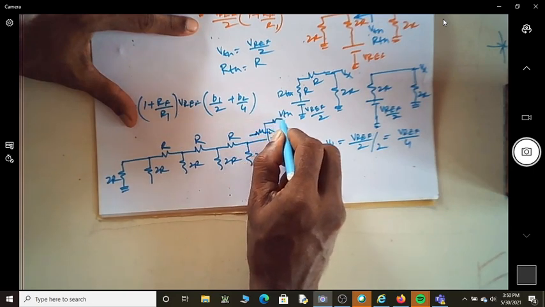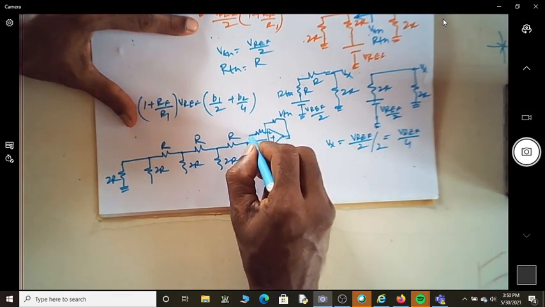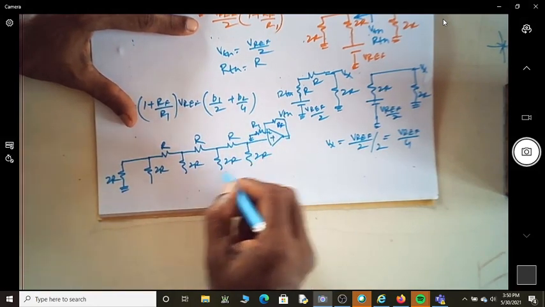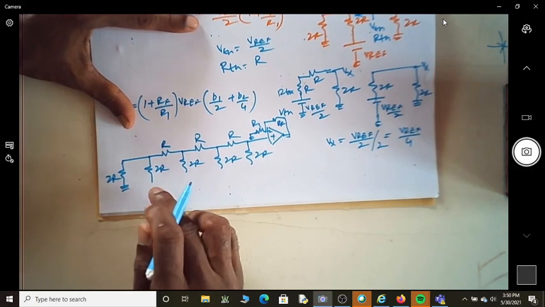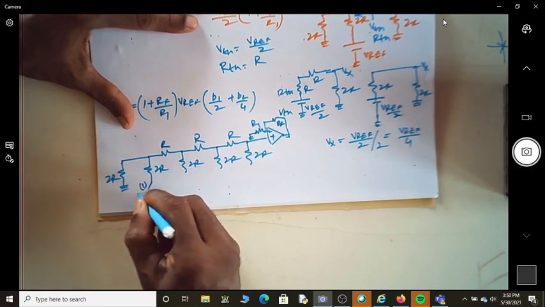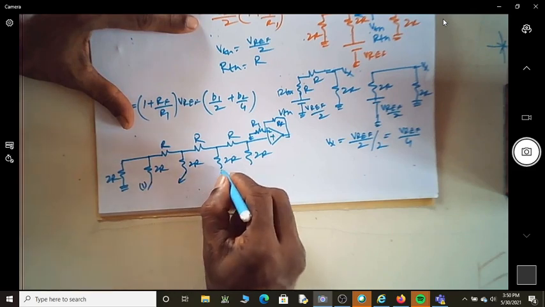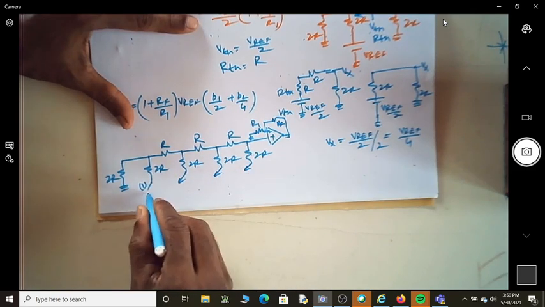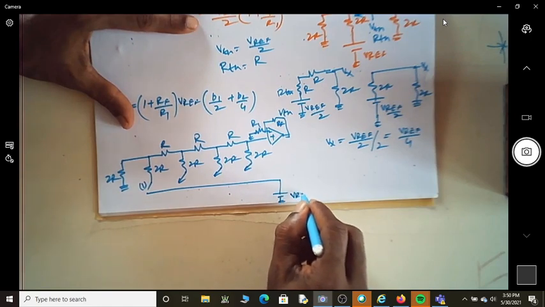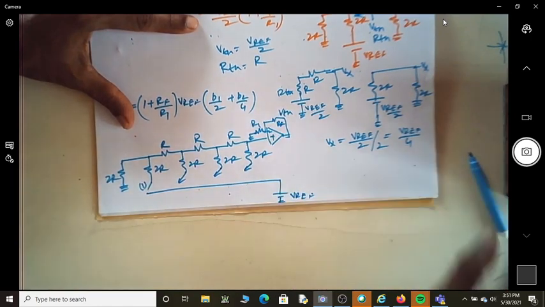You can have a resistor, or you can have a unity gain amplifier. Both can be possible. R1, Rf. Of course, as it was said, if it is 1, it will go to VCC. If it is 0, it will go to ground. So you have either V reference or ground.